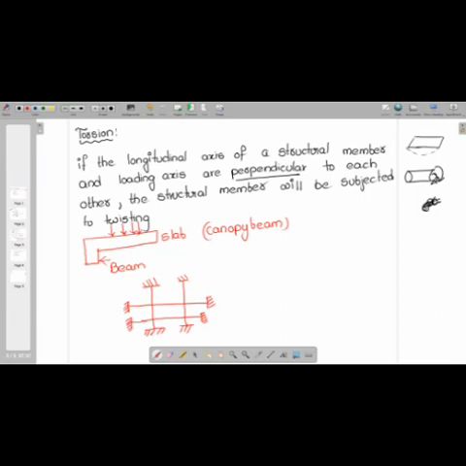The grids will be subjected to torsion. So, if the longitudinal axis of the structural member and the loading axis are perpendicular to each other, then the structural member will be subjected to twisting. So is it clear, sir? Okay. Next.